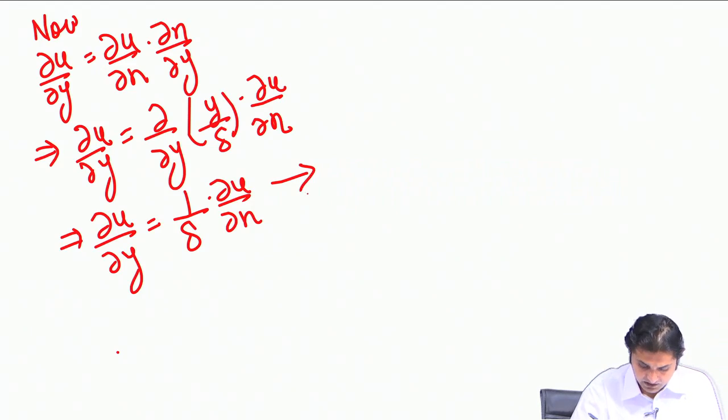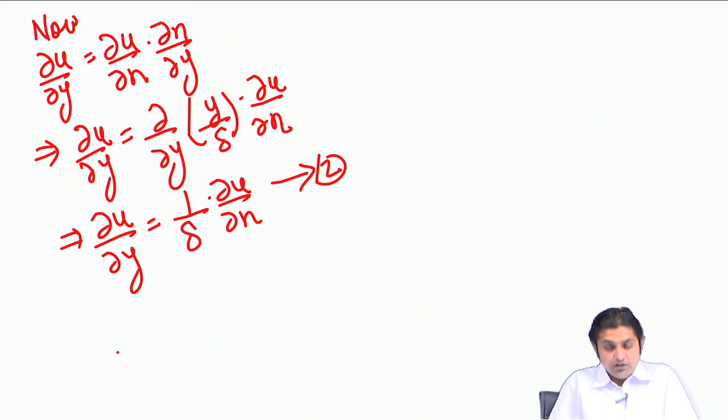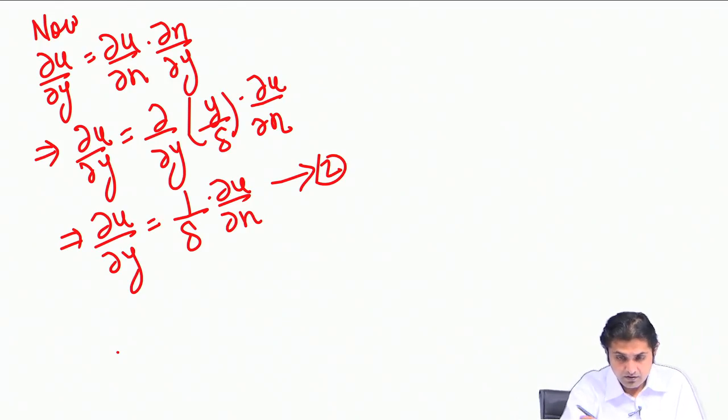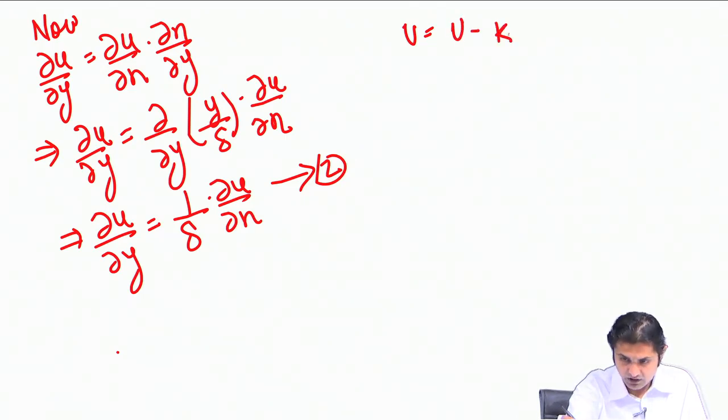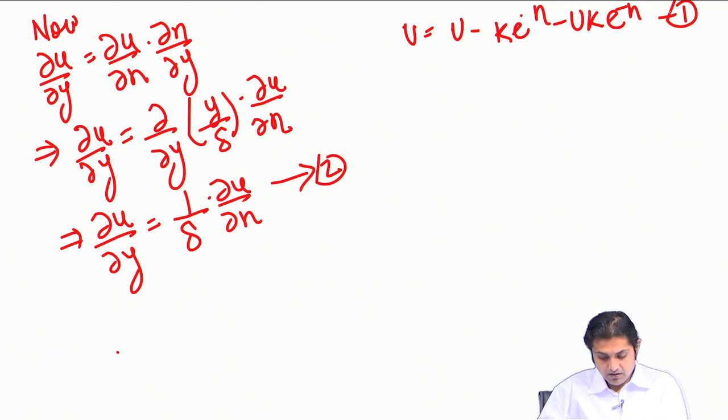This is another equation. And we have seen equation number 1 before, that u was equal to U minus U k e to the power minus eta. This was equation 1.